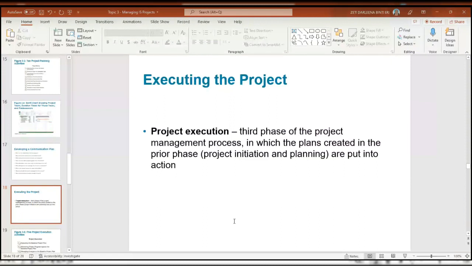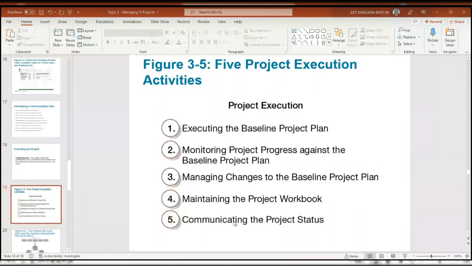In this activity, kita ada 5 activity. This phase, we have 5 activities which involves, number 1, executing the baseline project plan. Baseline tadi, masa planning kita dah develop a baseline project plan. Now we are going to execute it based on the baseline.